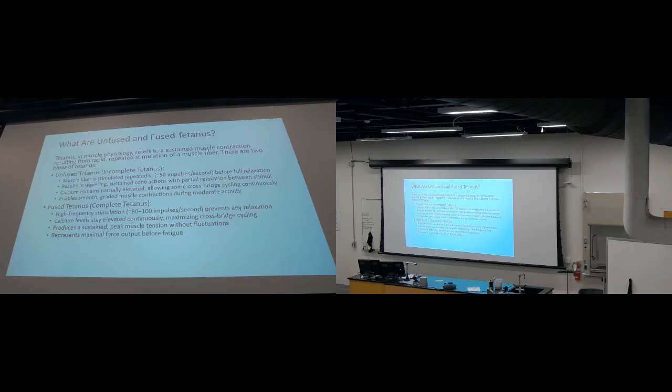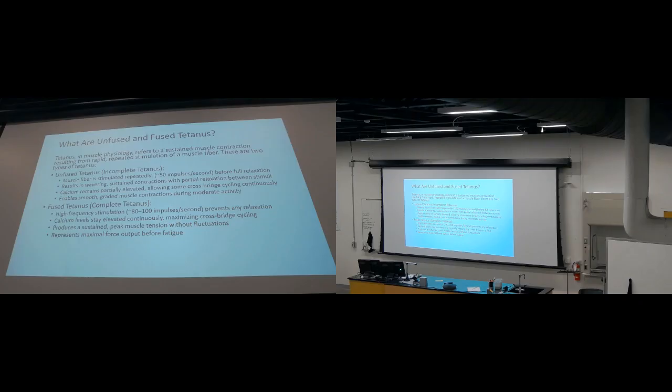Now, in someone who's having high frequency stimulation, like between 80 and 100 impulses per second, you will have less time for restoring calcium in your storages in the sarcoplasmic reticulum.